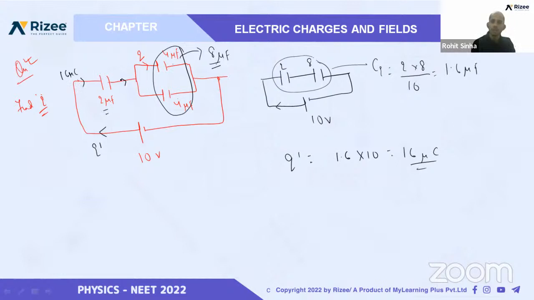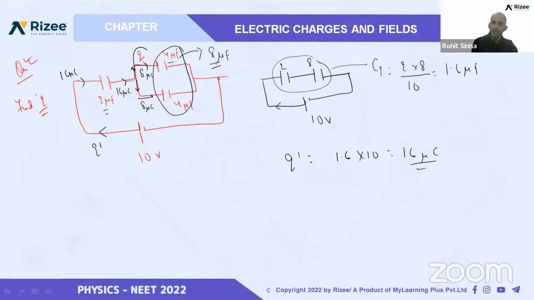Series combination, no change in charge. We will get 16 microcoulomb here. Now the charge will distribute here and here. Since both values of capacitance are the same, what will happen? Equal distribution will occur here. 8 microcoulomb will go here and 8 microcoulomb will go here.